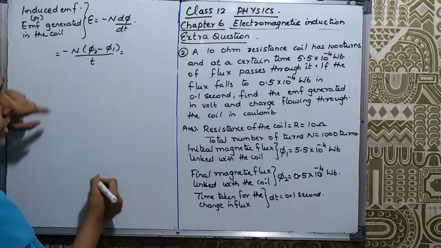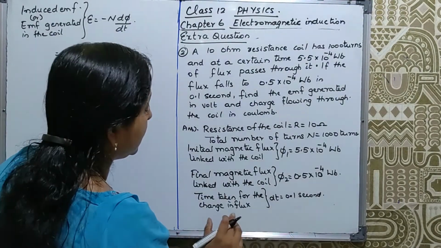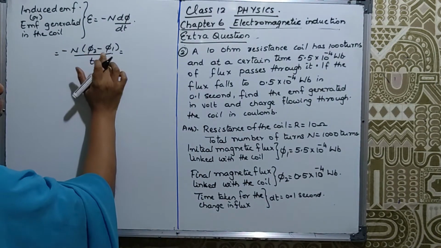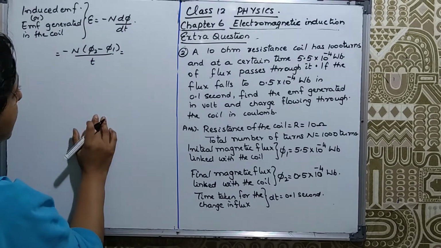So, here I will write dt, time taken for change in flux, or in terms of phi2 minus phi1 divided by t also.